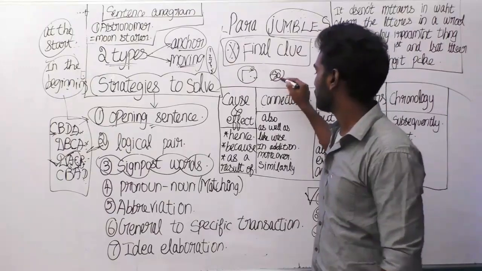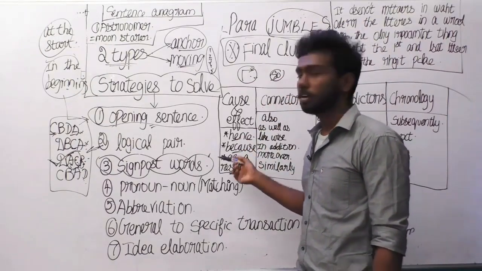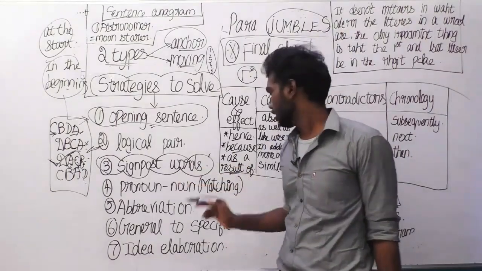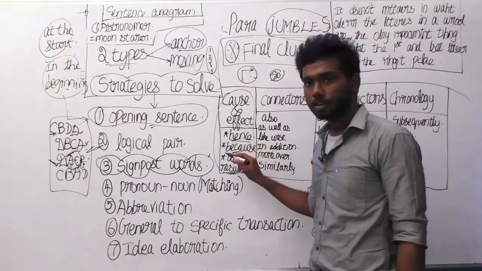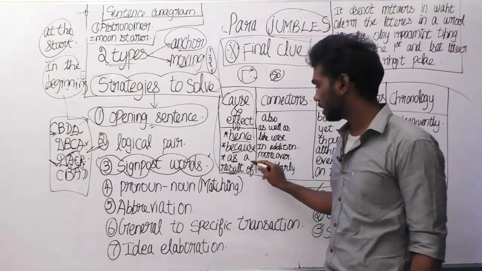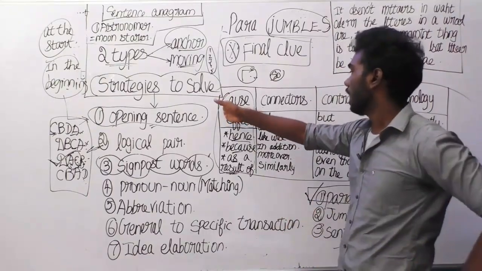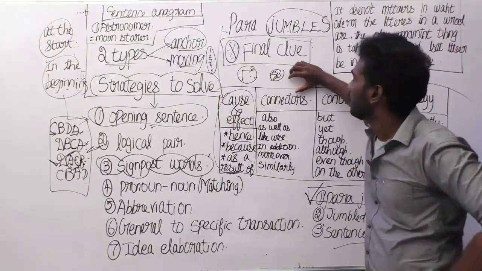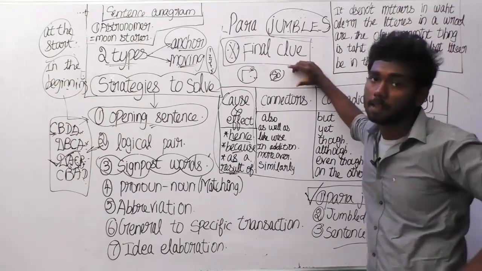Like that, there are many cause and effect words which are clues for solving para jumble questions. Note down these words of cause and effect. The first one is hence, the second one is because, the third one is as a result of. These are three examples of cause and effect. Now, going to connectors, what is a connector generally? A connector is like a link.